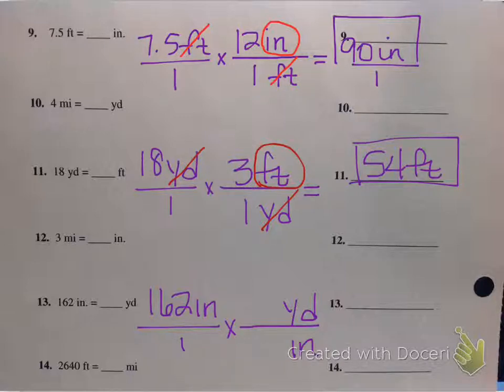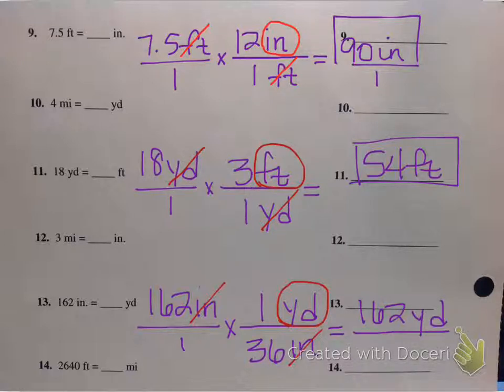And I know that I have 36 inches in 1 yard. So when I cancel my units, my inches, I'm left with yards. And when I do the math, I multiply straight across. That gives me 162 yards over 36. And notice there are no units on that because I crossed out my inches.